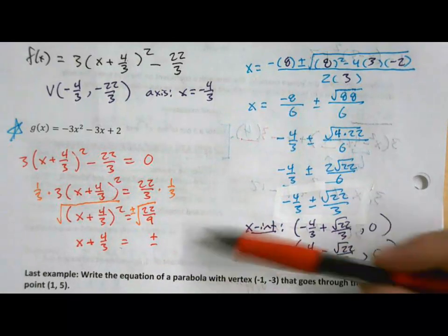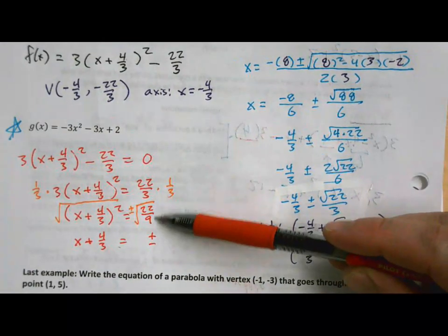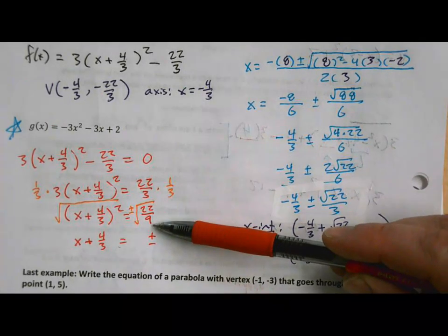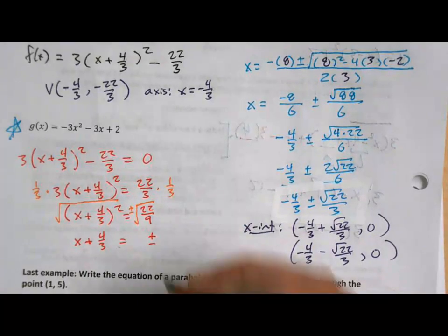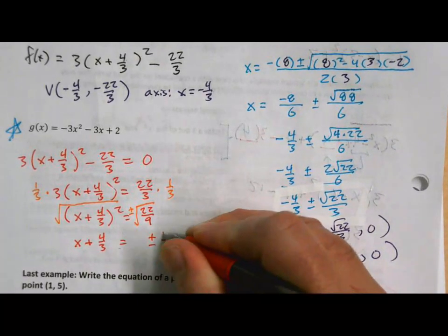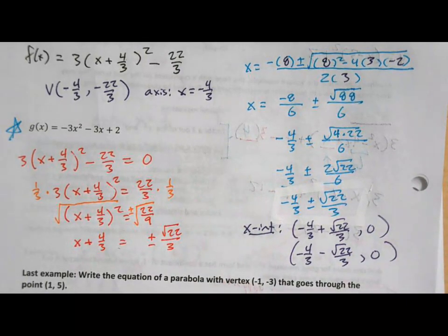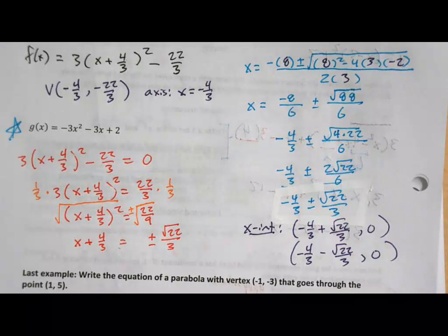Now, when I take the square root of 22 over 9, remember you can take the square root of the numerator and denominator independently. I know what the square root of 9 is. It's 3. Root 22 doesn't simplify. And what am I going to do in my final step here? I'm going to subtract 4/3 from both sides.